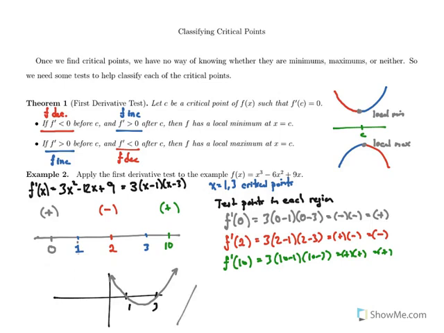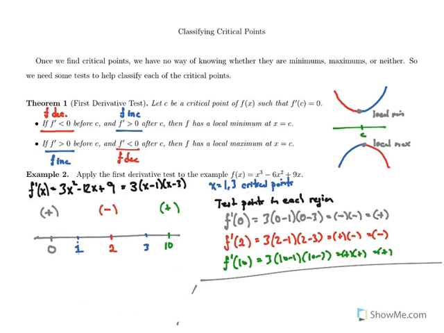All right, so now that we've done the testing of the points, we have our little chart here. Let's classify the critical points. So by the first derivative test, x equals 1 is going to give us a local maximum. And that is because the derivative is positive before and negative after.